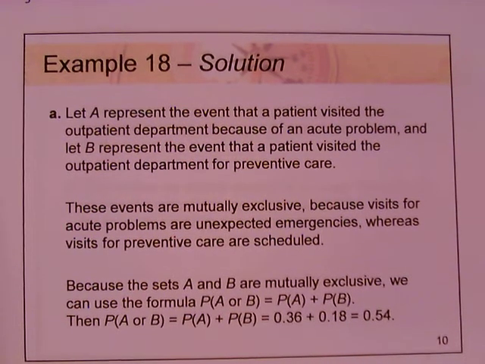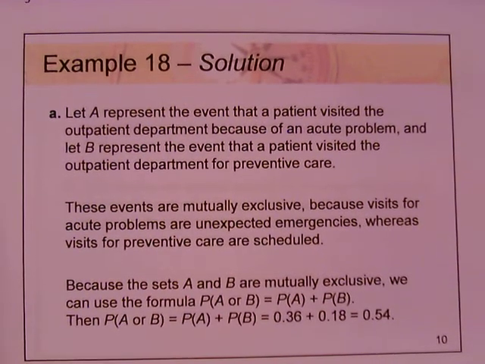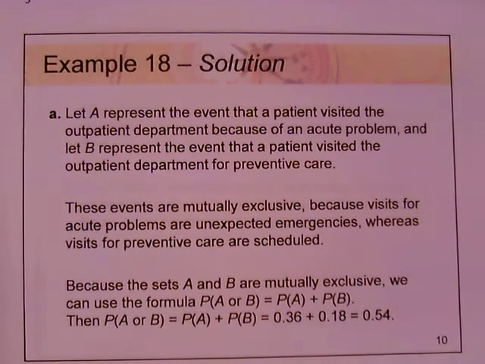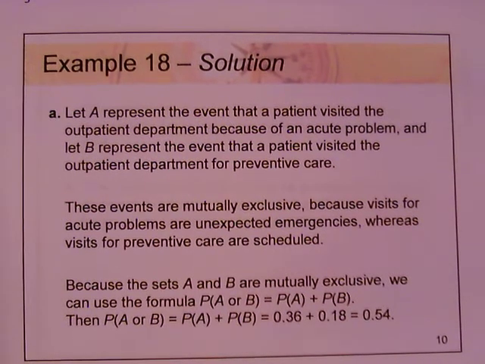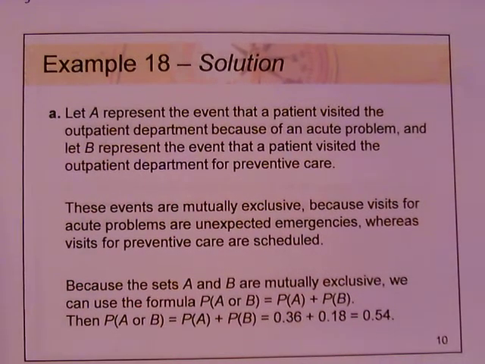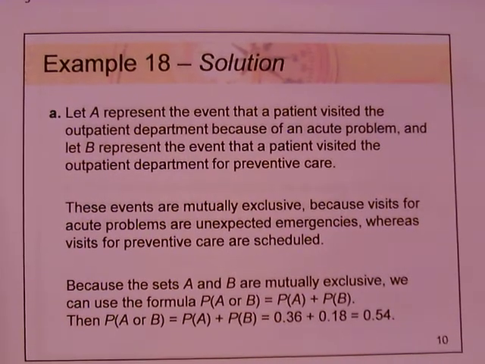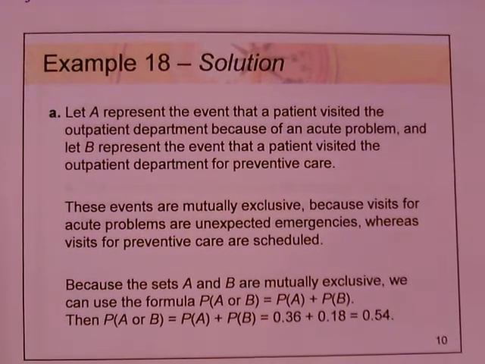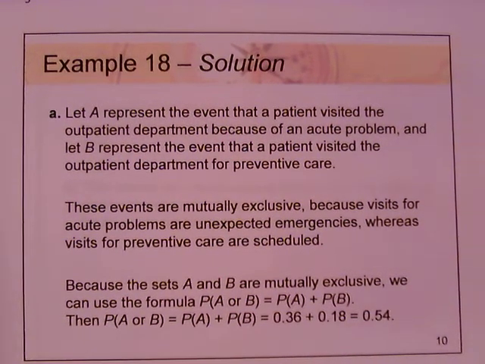Now, as you can see here, these events are mutually exclusive because visits for acute problems are unexpected emergencies, whereas visits for preventive care are scheduled. Okay, so those two have nothing in common. And since they're mutually exclusive, we can use that formula, probability of A or B equaling the probability of A plus the probability of B.